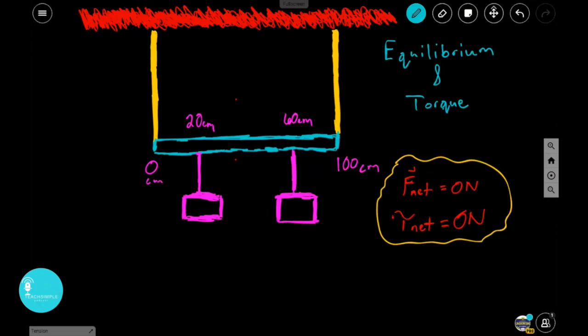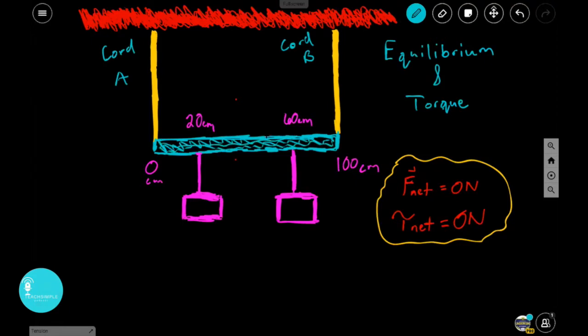So in this problem, we have a bar that is suspended by two cords. I have cord A here, and I have cord B here. On these cords is some type of bar, and attached to the bar are two weights.